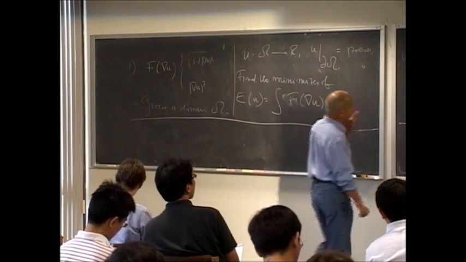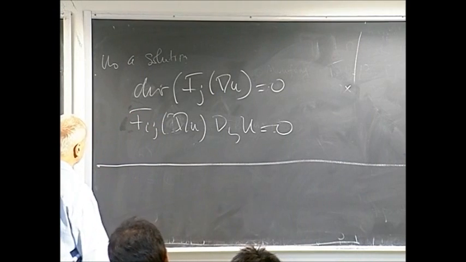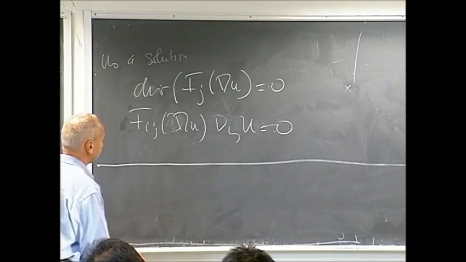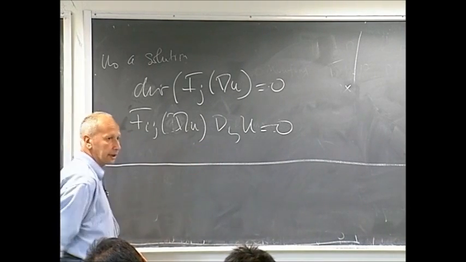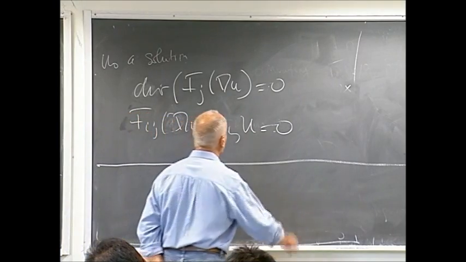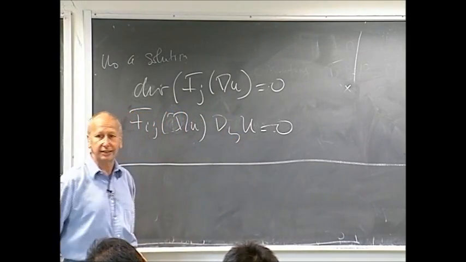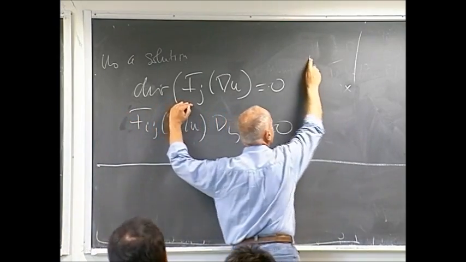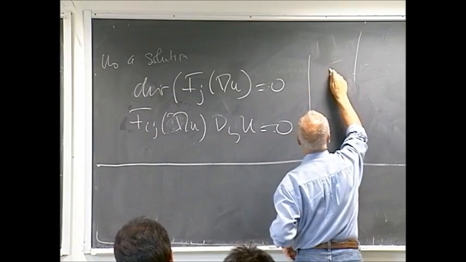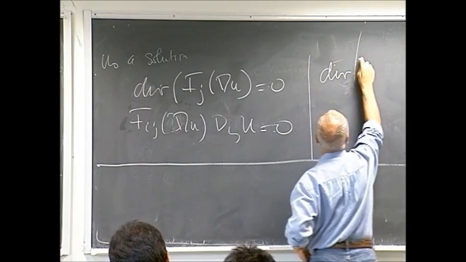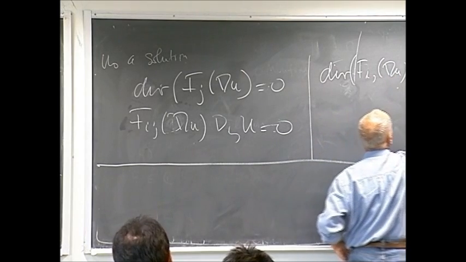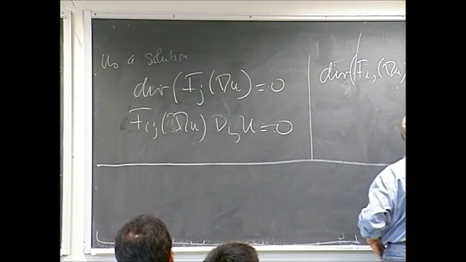So you want to prove that gradient u is Hölder continuous. According to this philosophy, the equation is invariant under translations and has a comparison principle, so the gradient should satisfy something. You compute the equation for the directional derivative. If you try to compute it in this form, you get third derivatives and something complicated. But if you compute it in divergence form, you still get an equation with divergence structure: divergence of F_ij of gradient u D_ij of u_alpha equal to 0.